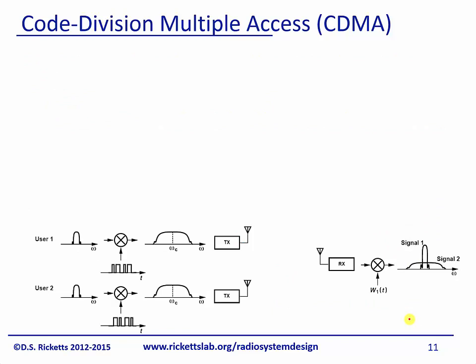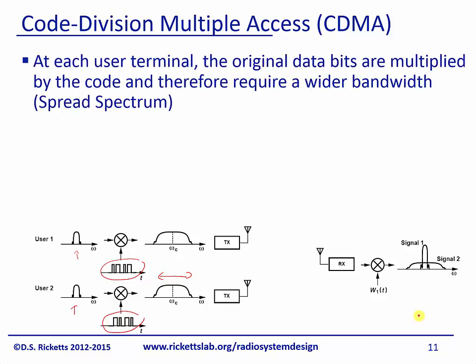Down here in the bottom, I've shown you a cartoon of what we'd like to transmit for user 1 and user 2, and we're going to multiply it by a code. Each phone is going to get a separate code, and that code is going to expand the bandwidth of the signal that we want to transmit. These are sometimes called spread spectrum because they have a wider bandwidth than the original signal.